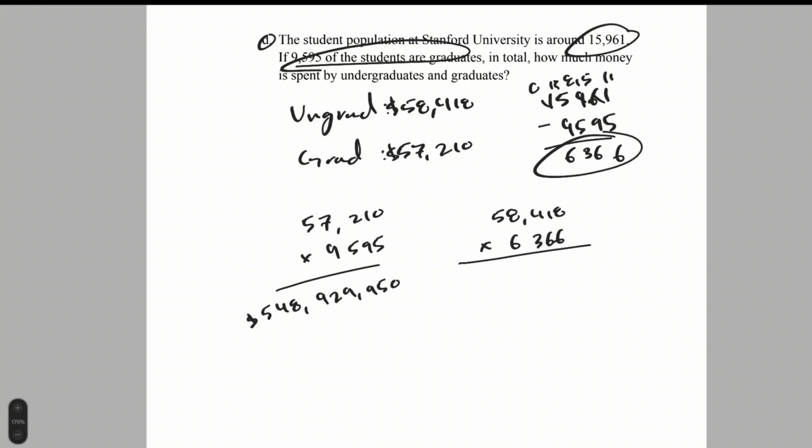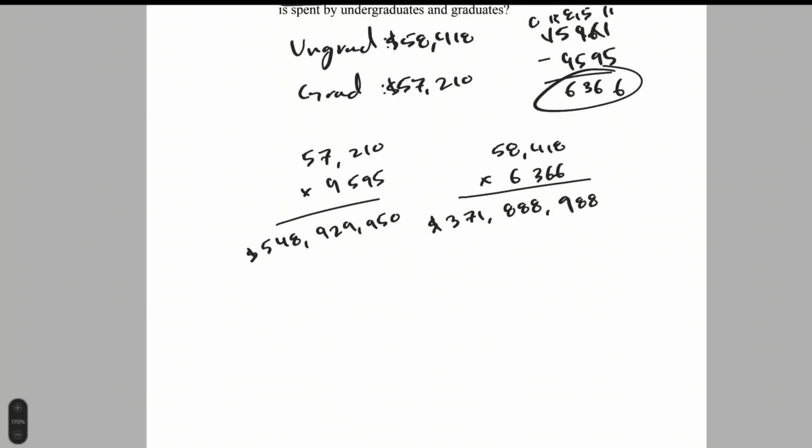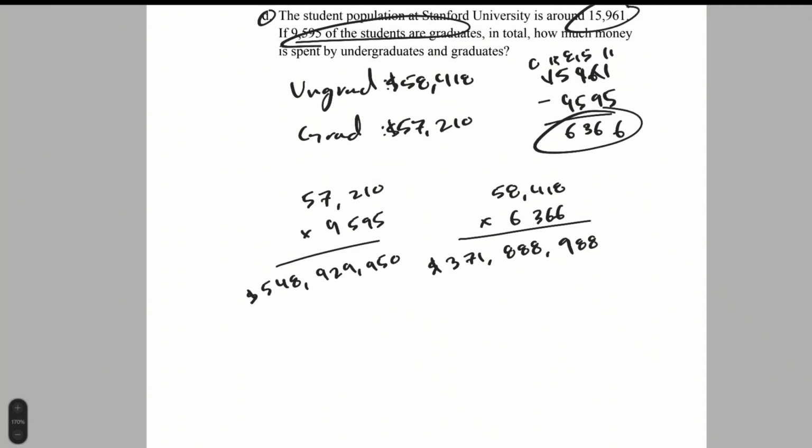But 58,418 times 6,366 comes out to be 371 million, $888,988. Wow, okay.